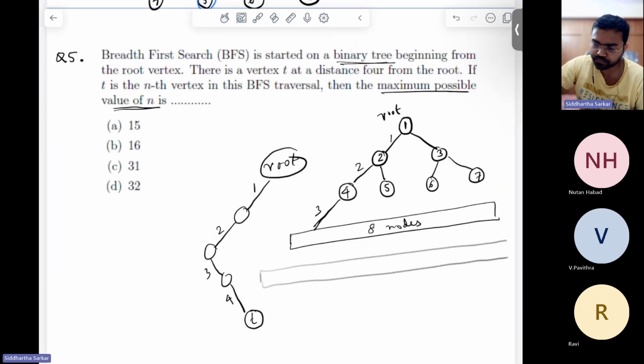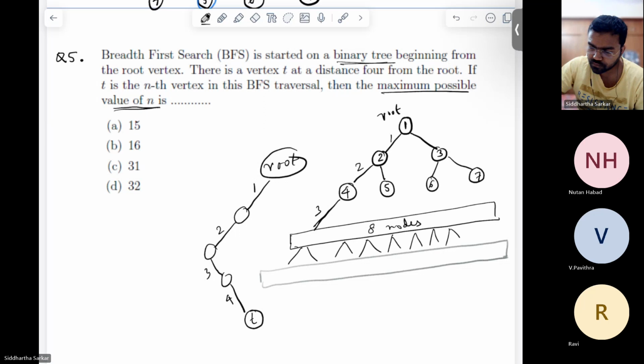In this level, how many nodes do we have? 8 nodes, each of them having 2 children. How many do we have? 16 nodes.